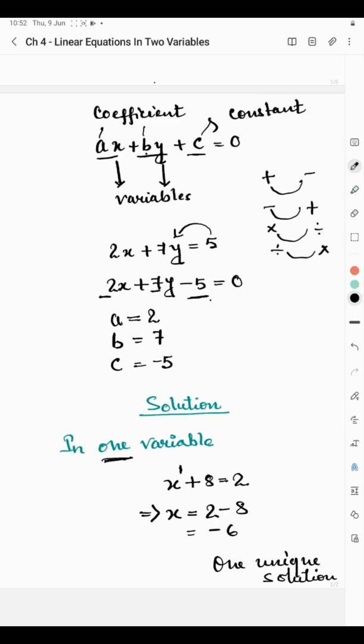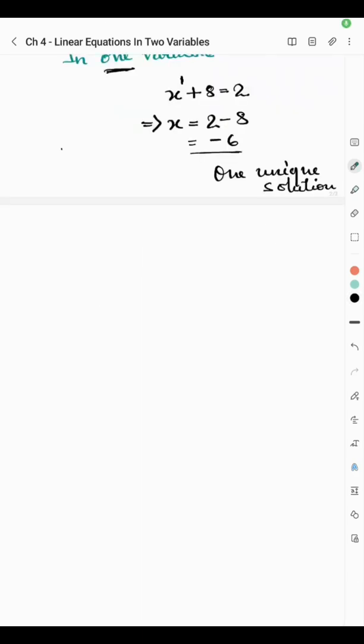Here the value of the variable will be minus 6 only. We cannot get any other value. Okay. So in the case of one variable, only one solution is possible. Now we'll see the solution in two variables.